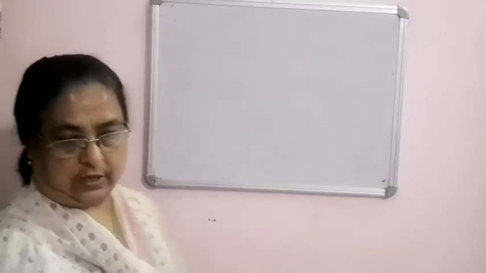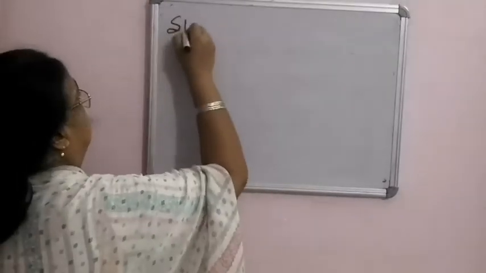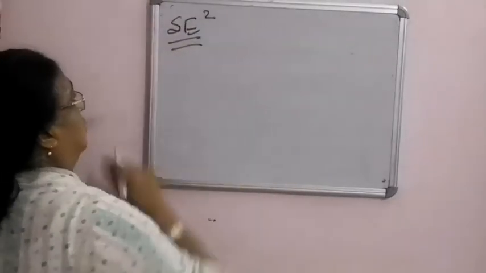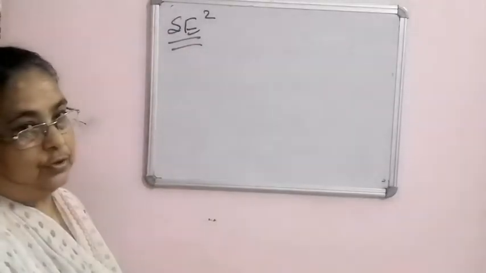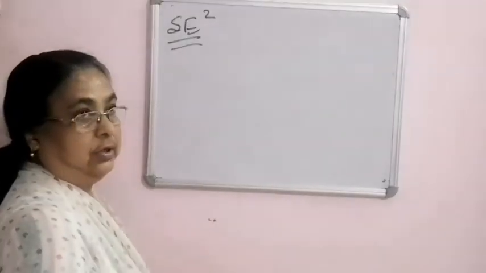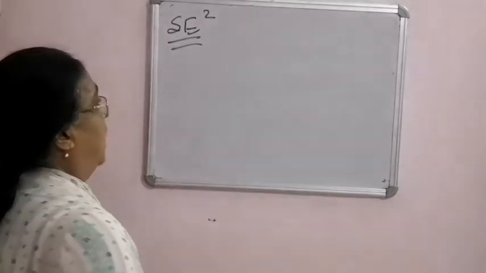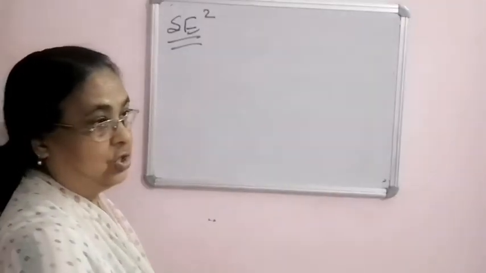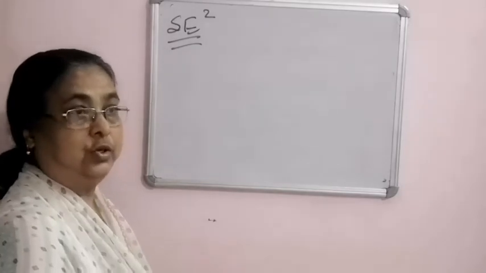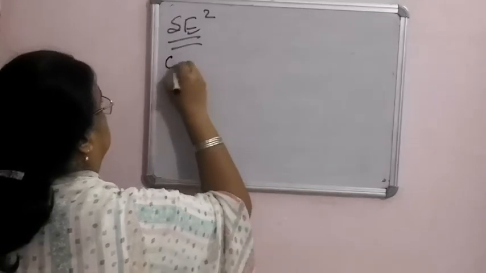So this was all nucleophilic substitution reaction. Now the second set of reactions shown by chlorobenzene is the SE2 reaction, bimolecular electrophilic substitution reaction. The mechanism of SE2 I have taught you in detail in class 11, so you have to revise from there. So I will not teach the mechanism in detail now. The first example is chlorination.